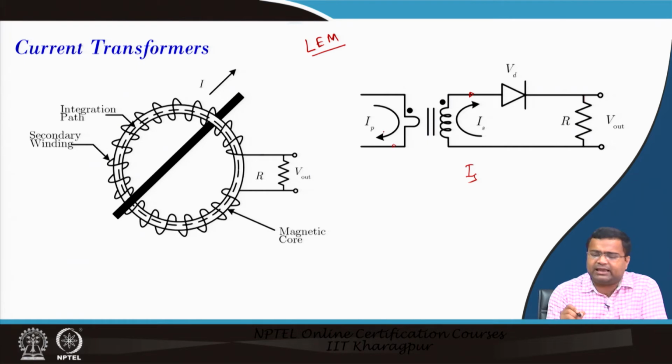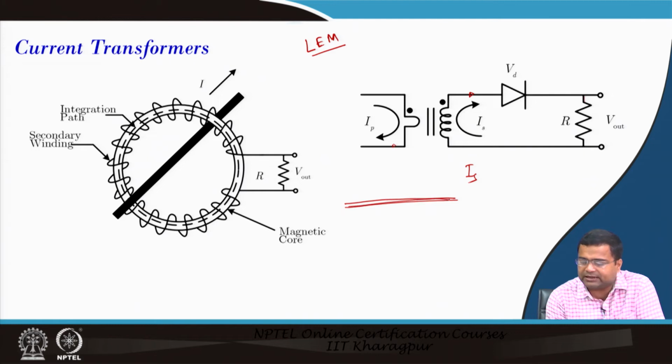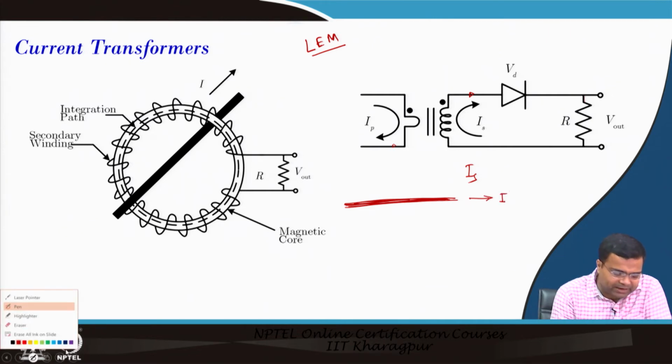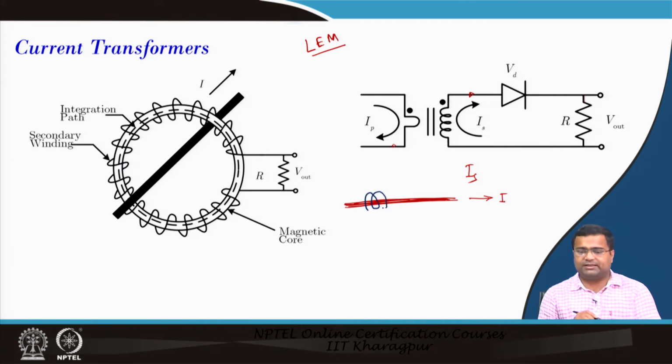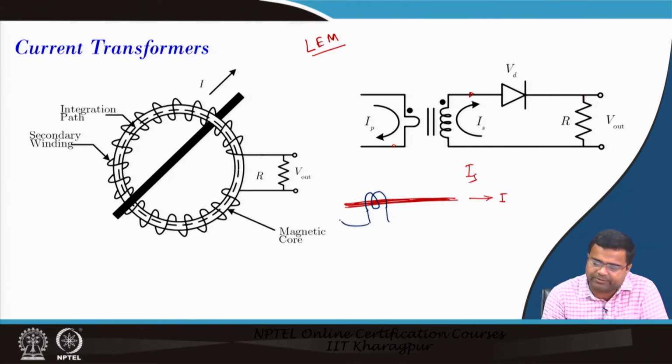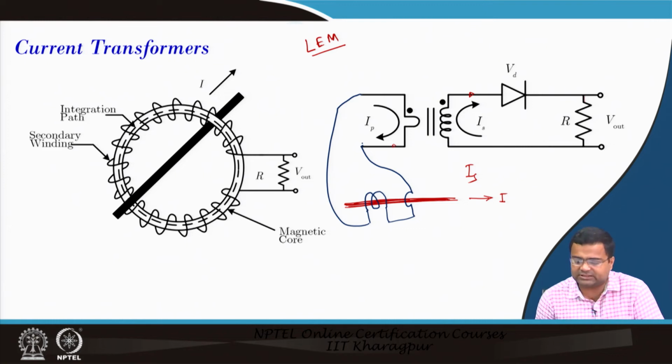Here, typically in the primary side, it can be 1 turn or 2 turns. Suppose we are trying to measure current through a wire, and this wire is carrying current. Then what we typically do is put maybe 2 windings. This is your primary side winding, I am talking about these 2 terminals, maybe this is connected here and this is connected here.